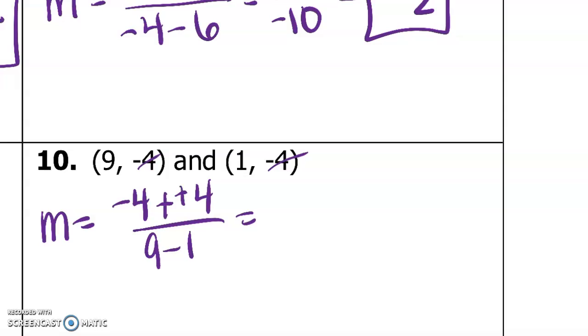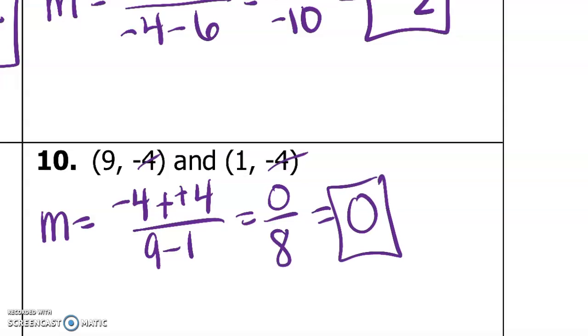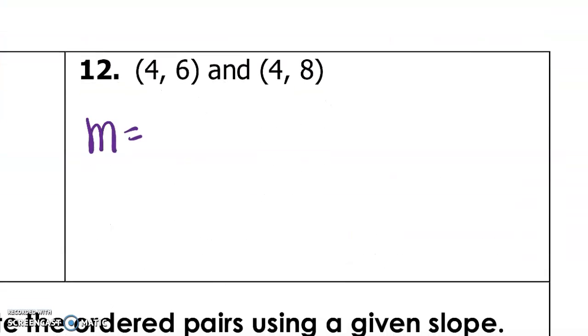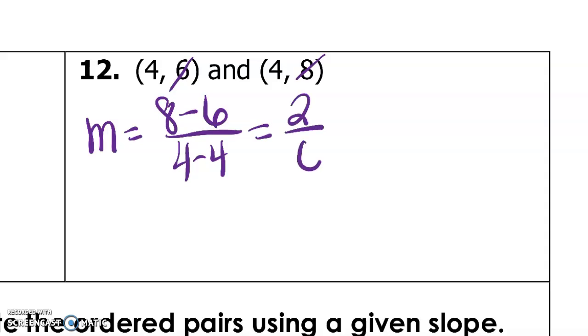This becomes 0 over 8, which is just 0. Number 12, we would have 8 minus 6, and then 4 minus 4. So 2 over 0 is undefined.